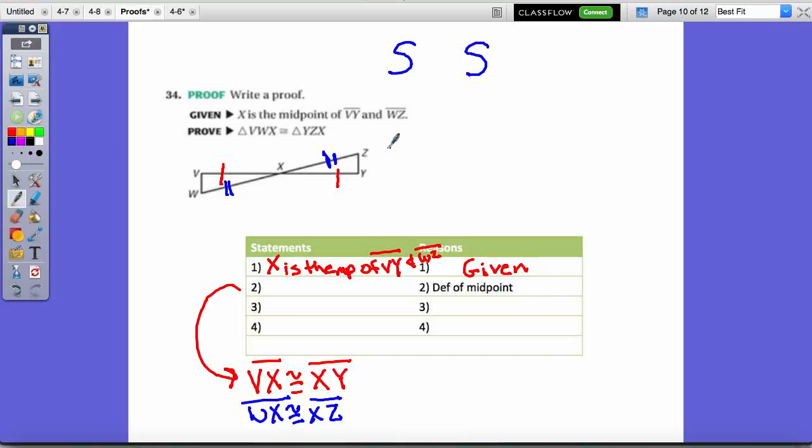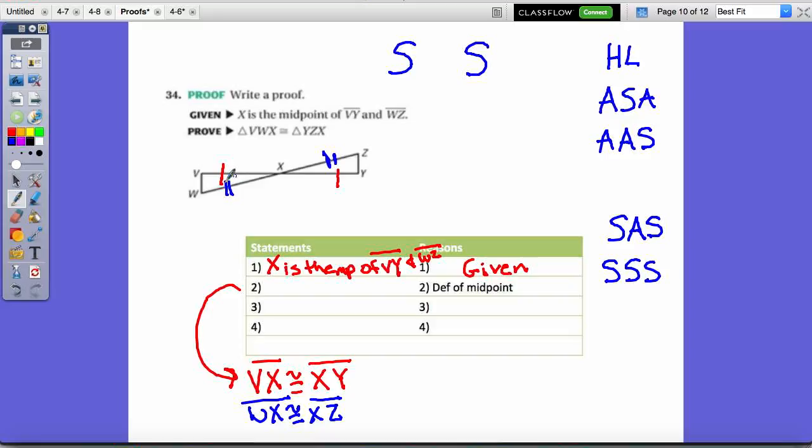So right away, when I'm trying to decide what theorems I'm going to use, I'm certainly not going to be using hypotenuse leg. I'm not going to be using angle, side, angle, or angle, angle, side, because I already have two congruent sides. So the only choices left are side, angle, side, or side, side, side.